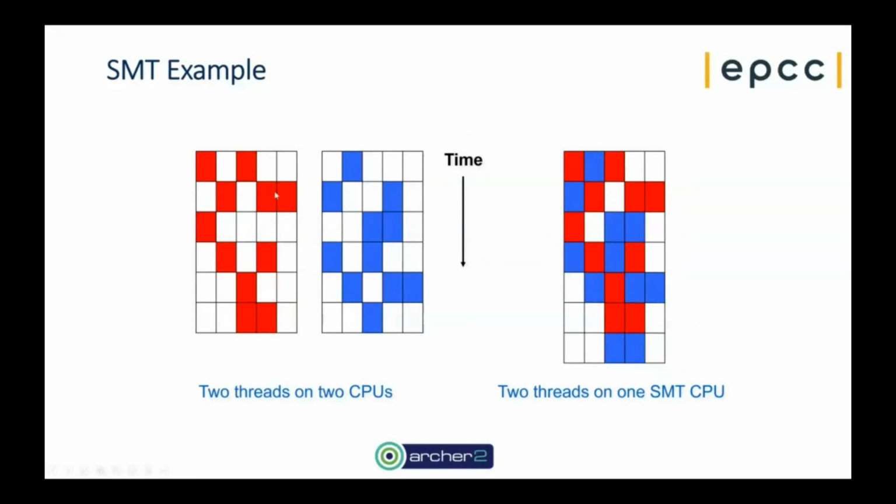We can see there are gaps in here because each thread is not using all the functional units all the time. So if we can overlap these 2 things, then given this configuration of functional unit usage, we can actually run both threads at once, only requiring an extra instruction cycle to get 2 times the amount of work through. So this is the theory behind hyperthreading, or simultaneous multi-threading.